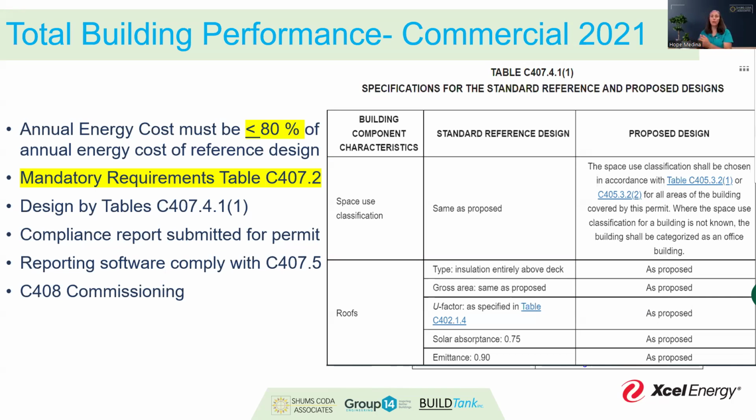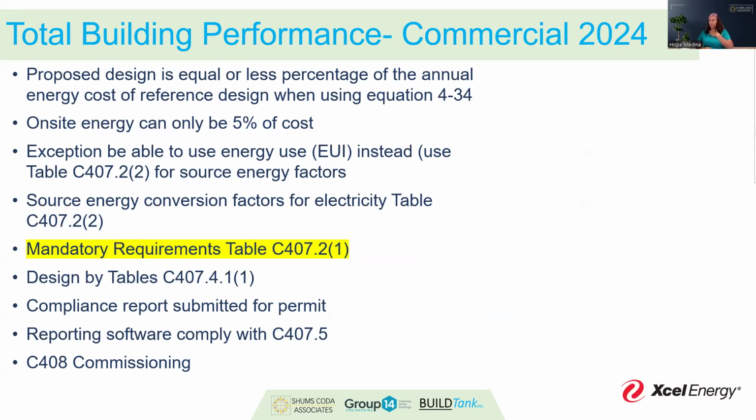All right, now let's talk a little bit about how the total building performance would look within the 24. It is very similar, but not quite the same. One is your proposed design is equal to or less than a percentage of what the annual energy cost of the reference design is, when you are utilizing a very specific equation that you would incorporate with that.